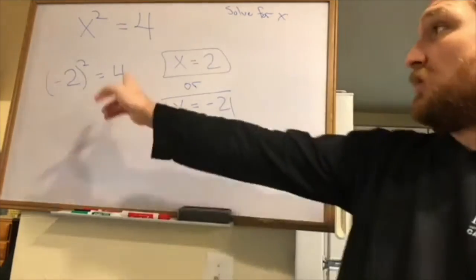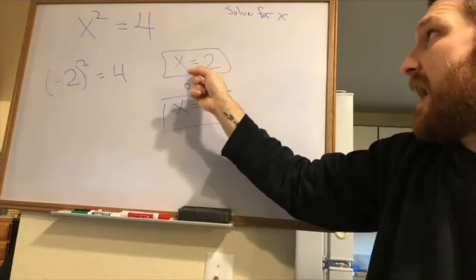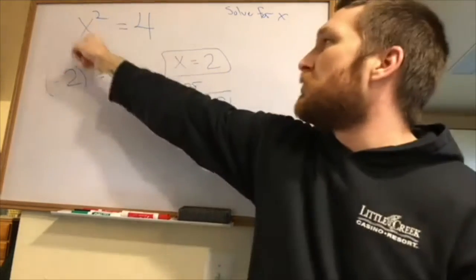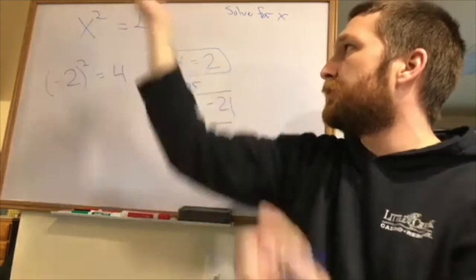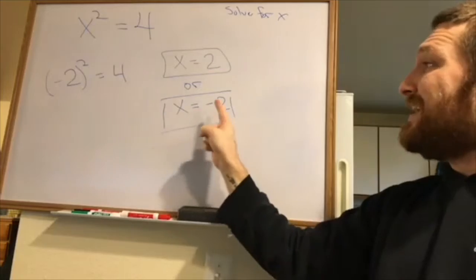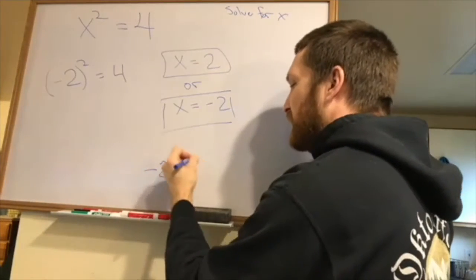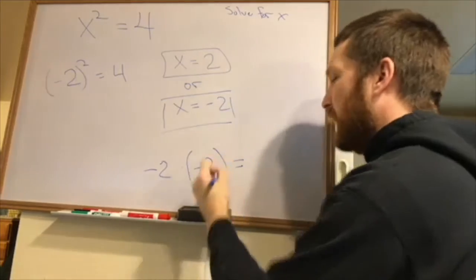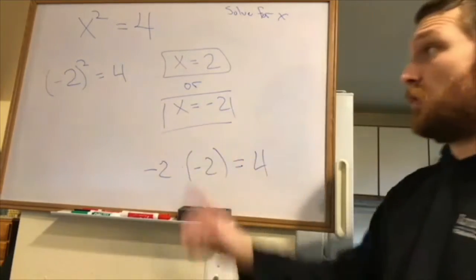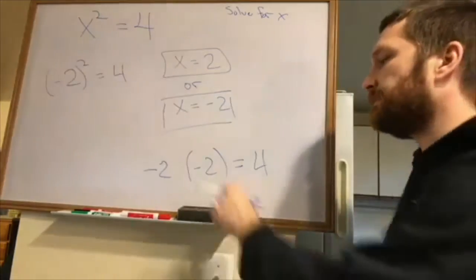Does that solve this equation? Just check, believe it or not. Plug in the 2: 2 times 2 is 4, the equation's true, ready to roll. Plug in negative 2: negative 2 times negative 2 is a positive, 2 times 2 is 4. So negative 2 also works.